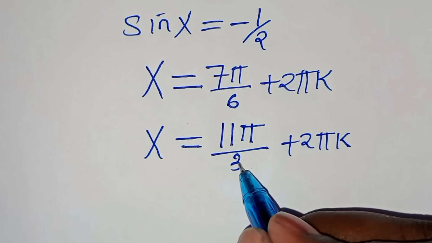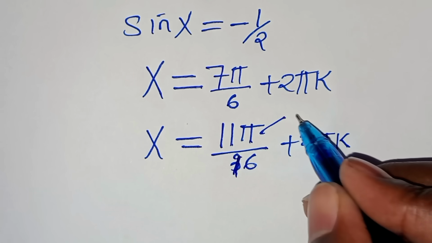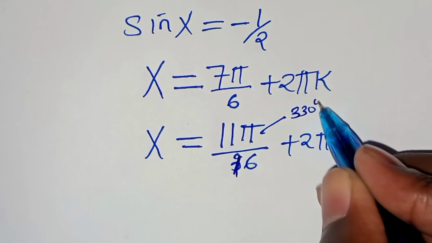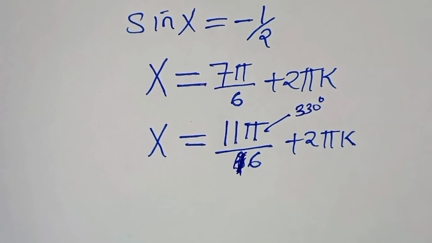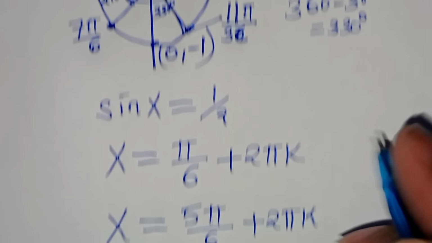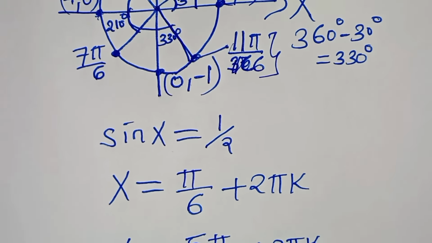Remember, this corresponds to 330 degrees. So this is 11 pi over 6 plus 2 pi k. This is in terms of radians.